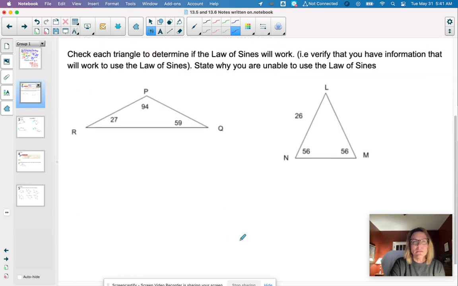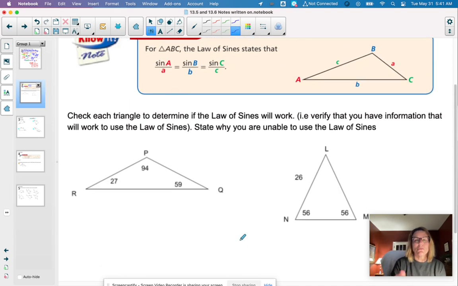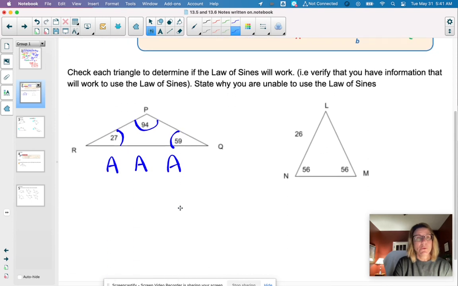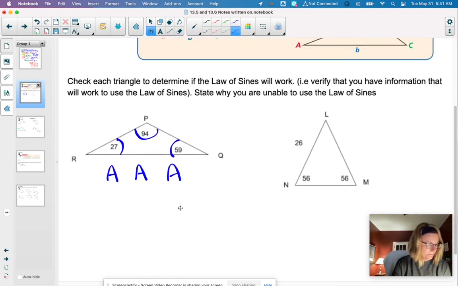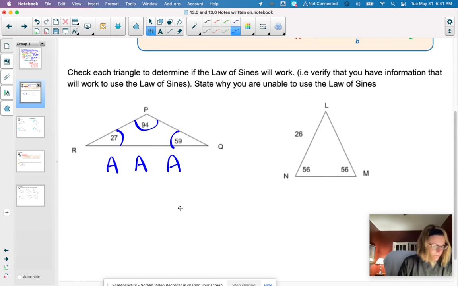All right, let's see. Check each triangle to determine if the Law of Sines will work. Verify that you have information that will work to use the Law of Sines and state why you are unable to use Law of Sines. So when we look at this first triangle, it looks like it gives us all the angles, which would be angle, angle, angle. And so therefore, we cannot use Law of Sines because we need to know at least one side length.